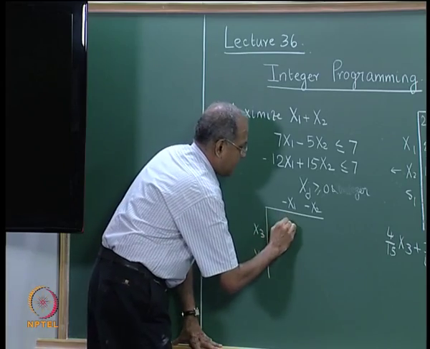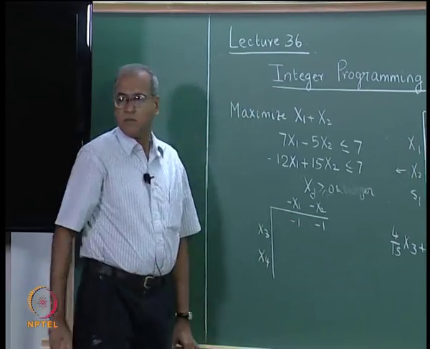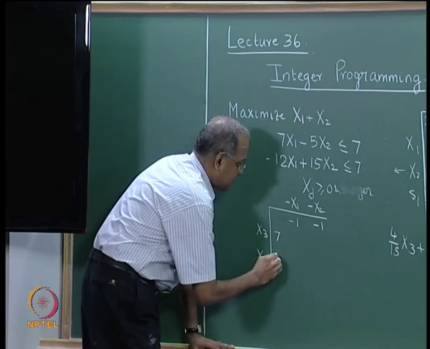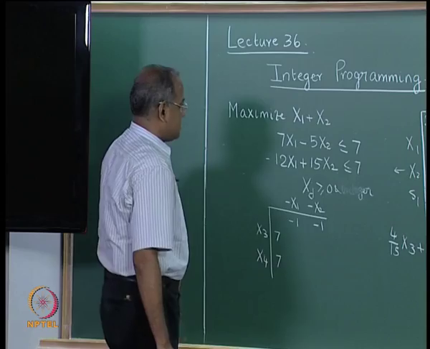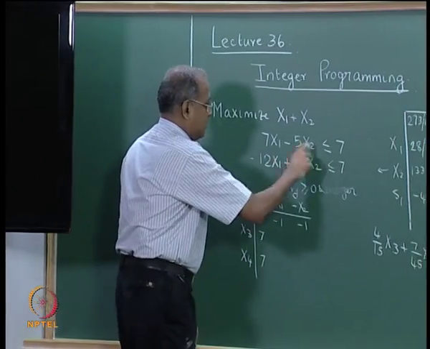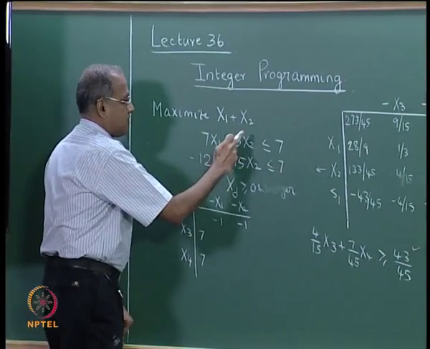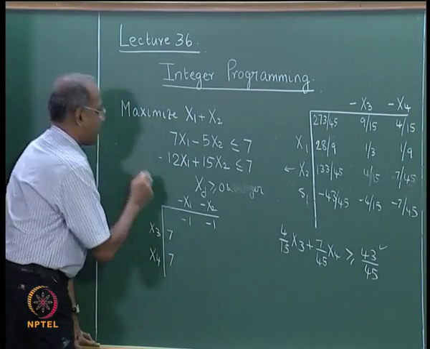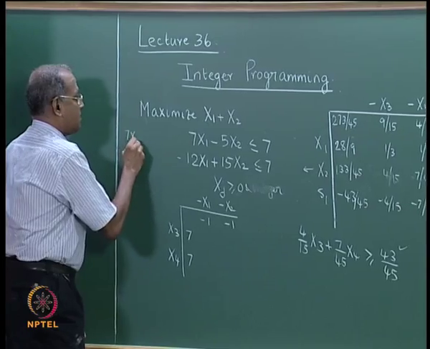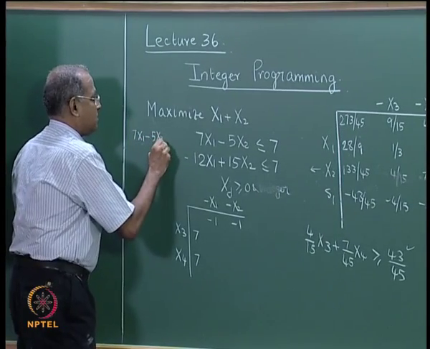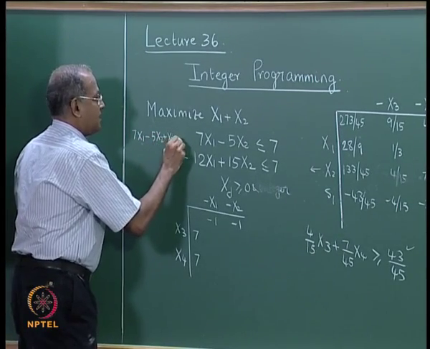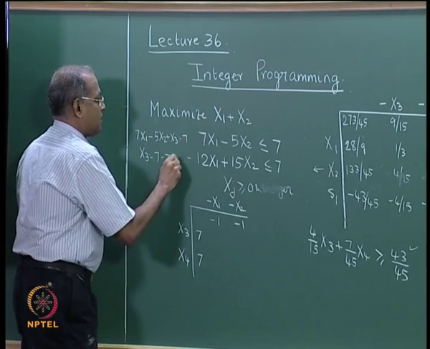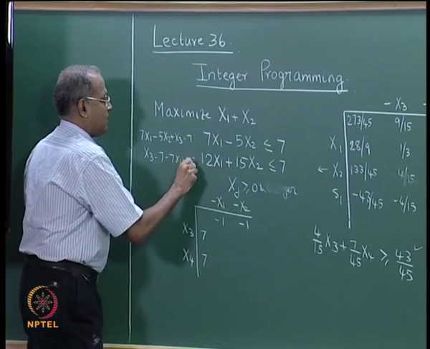So we would have got a minus 1 and a minus 1 here, and then this will become plus 7 and plus 7 here. So this will become 7x1 minus 5x2 plus x3 equal to 7, x3 equal to 7 minus 7x1 plus 5x2.